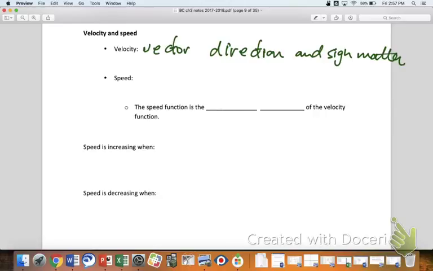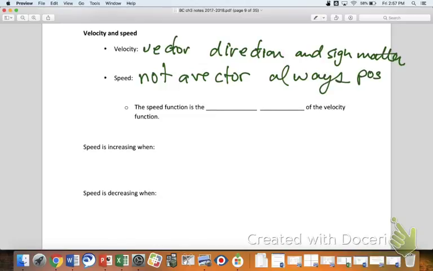So, speed, not a vector. Speed is always positive. And hopefully that will go well with this next statement, the fact that the speed function is the blank blank of the velocity function.